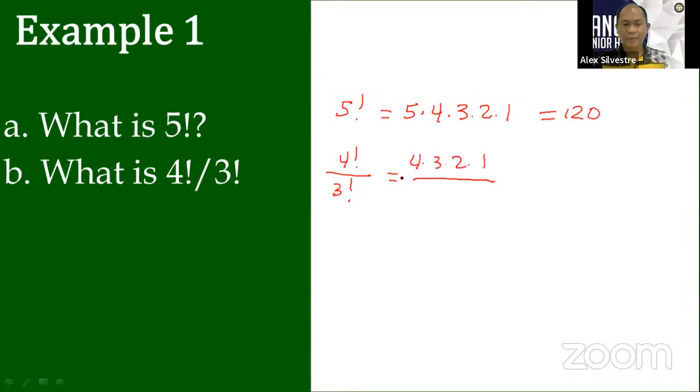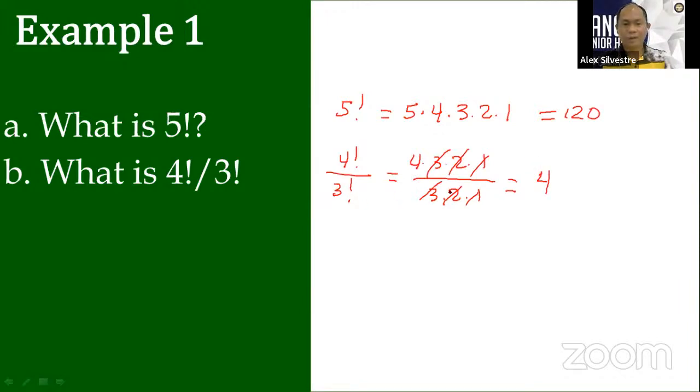Then in the denominator, you start with the number 3, 2, and 1. Then what will be the common numbers? What you do is cancel. So we cancel the 3, 2, and also the 1. So what you see there, what remains is equal to what number? What you get here is equal to 4. Okay, very good. That is correct. So our answer will become 4.